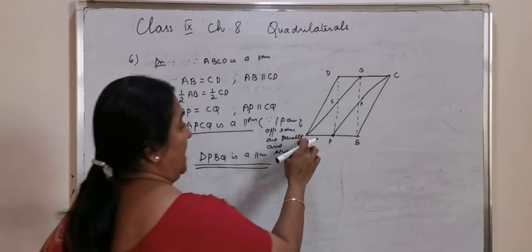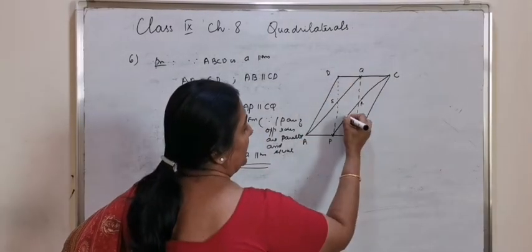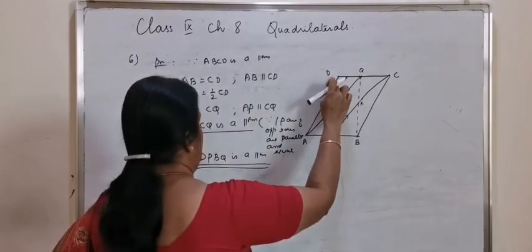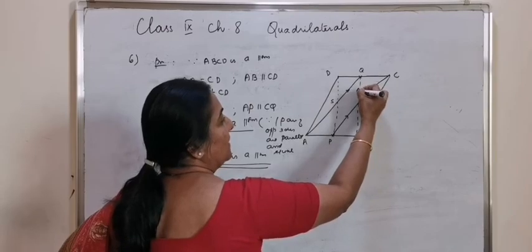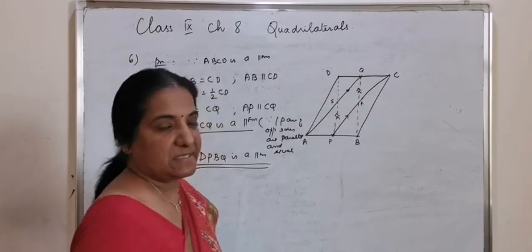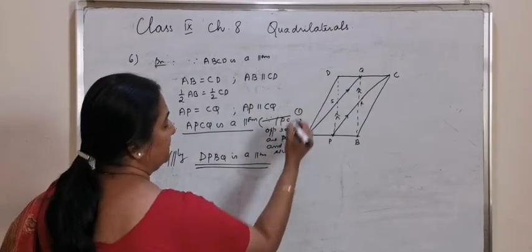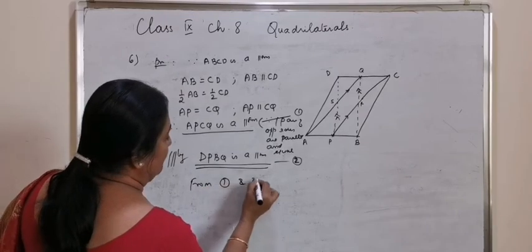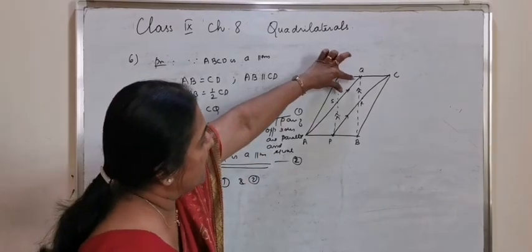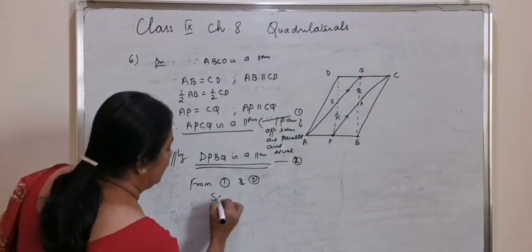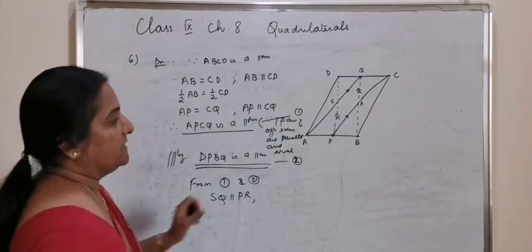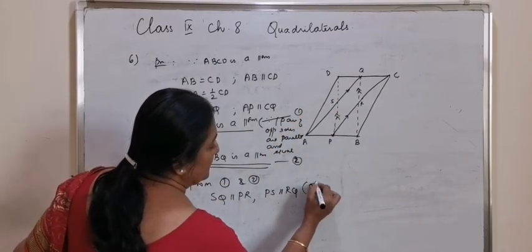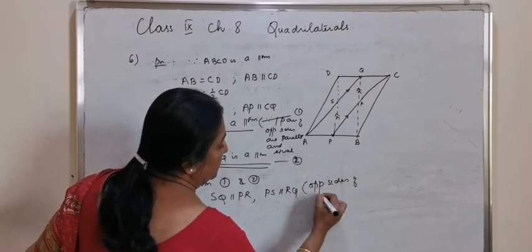Once APCQ is a parallelogram, PR is parallel to SQ, and since DPBQ is a parallelogram, RQ is parallel to PS. So we can mark it as 1 and 2. From 1 and 2, the first pair is SQ parallel to PR, and the second pair is PS parallel to RQ, opposite sides of a parallelogram.